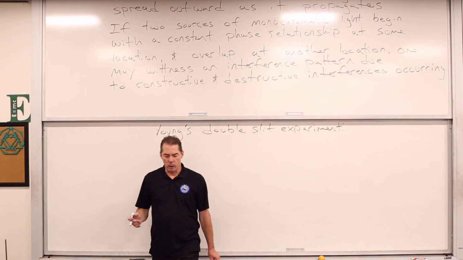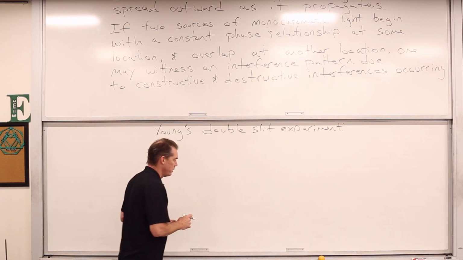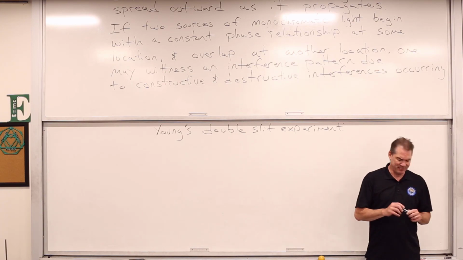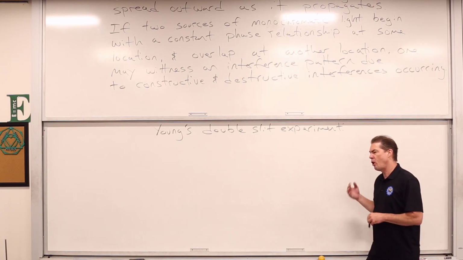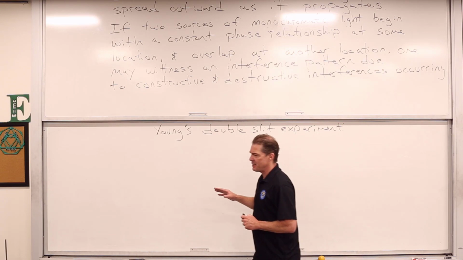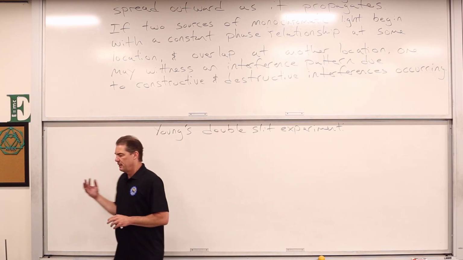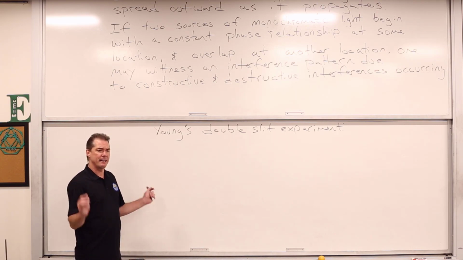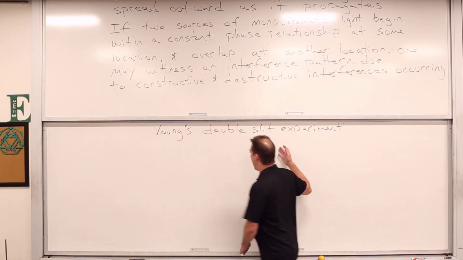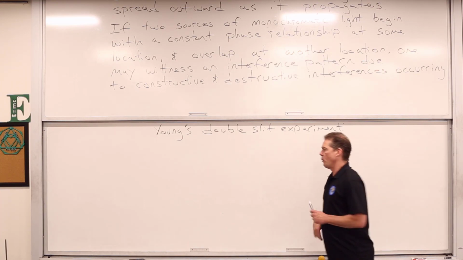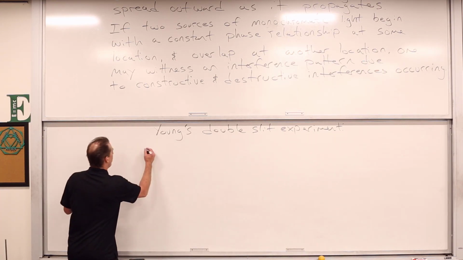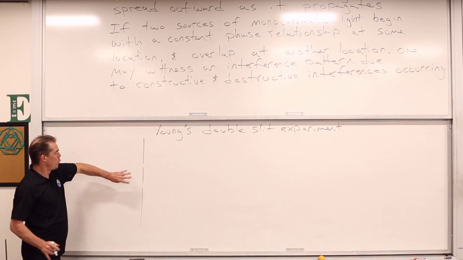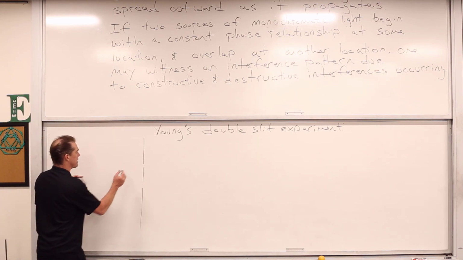What Young did was produce two coherent beams of light, two coherent light sources in a sense, and have them diverge outward from a certain point and capture an interference pattern on a screen. So basically, what he did was take two thin slits separated by some distance.